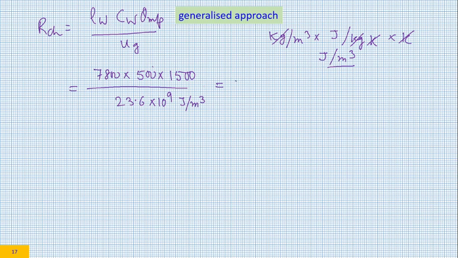This is coming out to be 0.248. So this is RC.